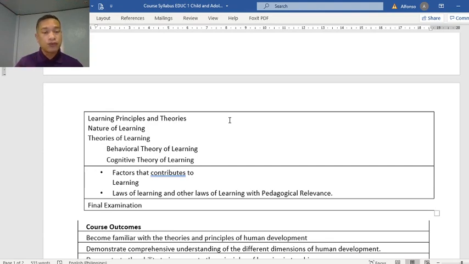There are two that we need to focus on, the behavioral theory of learning and the cognitive theory of learning. Aside from that, of course, we need to understand the factors that may contribute to learning. And lastly, we are going to explore the different laws of learning and other laws of learning with pedagogical relevance.